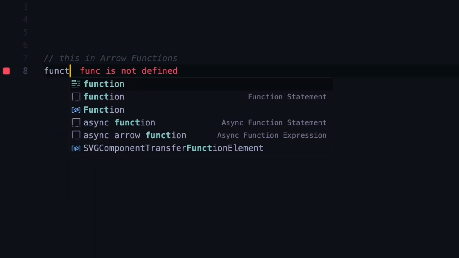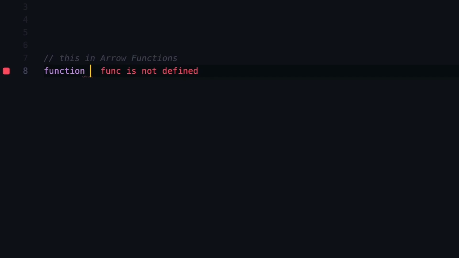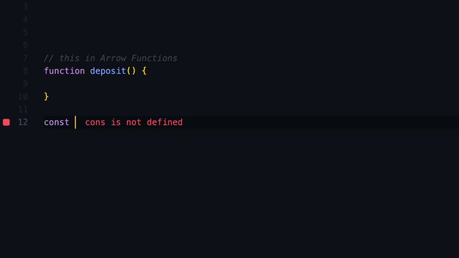Until now, we have used the regular functions in JavaScript, which are defined like this. Let's say this is a deposit function. This was the structure you would use to define a function in JavaScript. But in modern JavaScript, we have another way to define a function, and that is by using arrow functions. Similar to the above function, we can define another deposit function. Just in this case, we will assign it a bit differently, so it will be assigned like this.